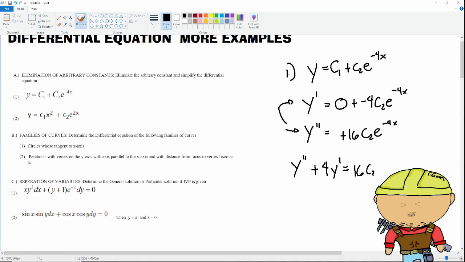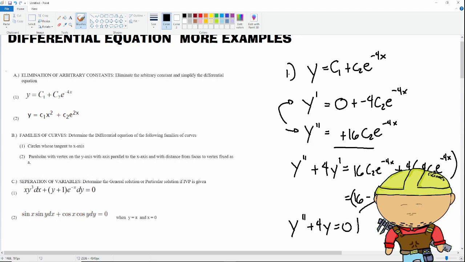The 16 c2 e to the negative 4x of y double prime gets added to 4 times y prime, negative 4 c2 e to the negative 4x. And that will become positive 16 minus 16, right? c2 e to the negative 4x, and that will become 0. Your arbitrary constants are now eliminated.